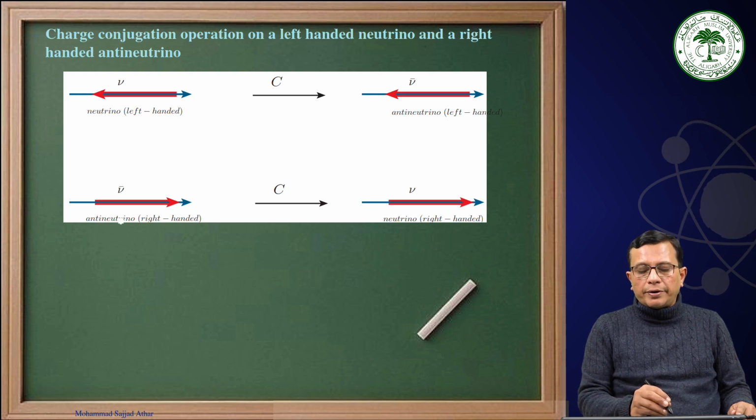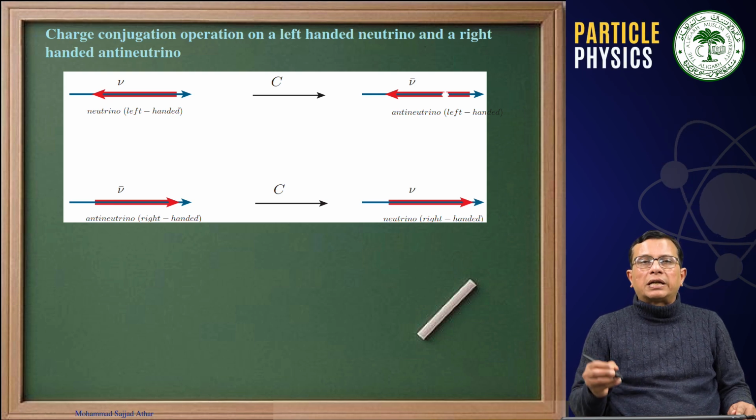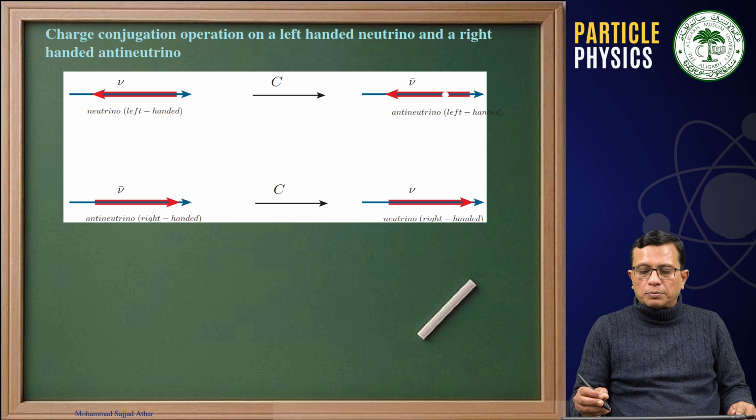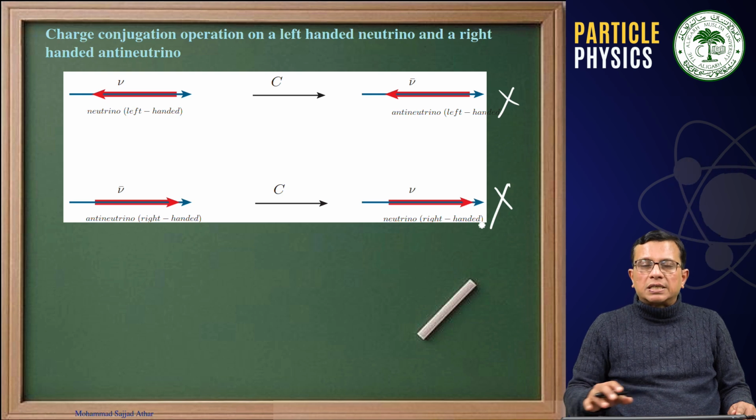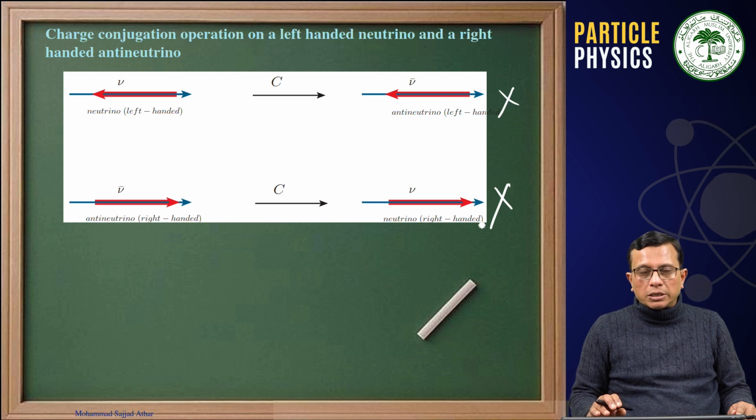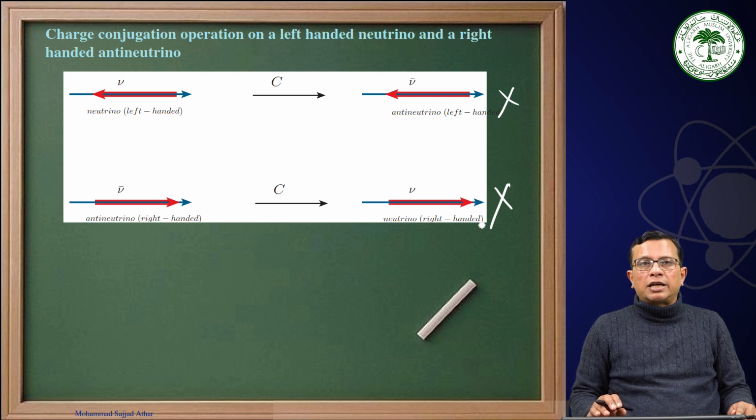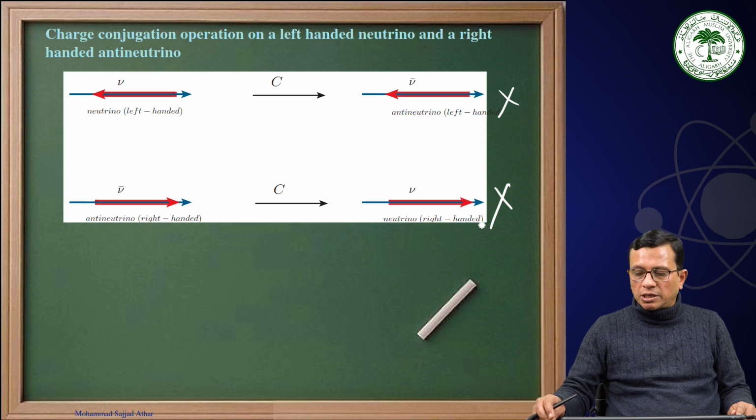And similarly, a right-handed nu bar will become nu with the charge conjugation operation. And nu bar means spin and momenta are unchanged. Therefore, it remains left-handed, and we know that left-handed antineutrinos have not been observed. Similarly, right-handed neutrinos have not been observed, and therefore C is not a good quantum number in weak interaction processes, while we saw that it is a good quantum number in electromagnetic and strong interaction processes.